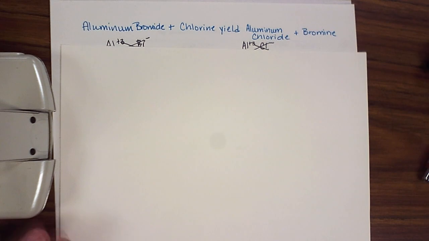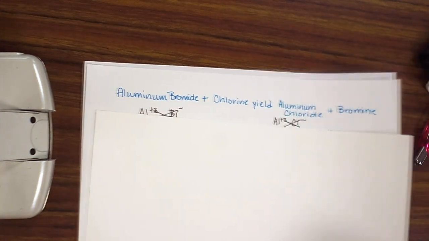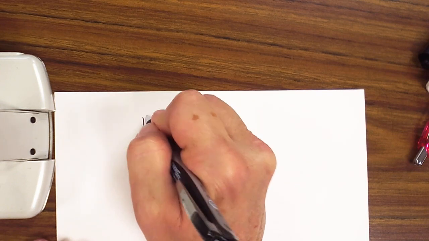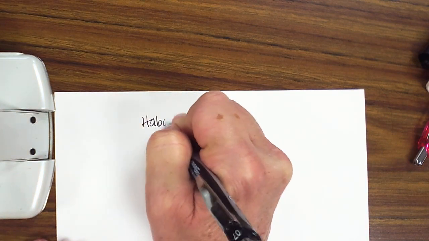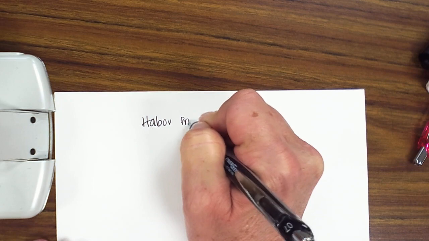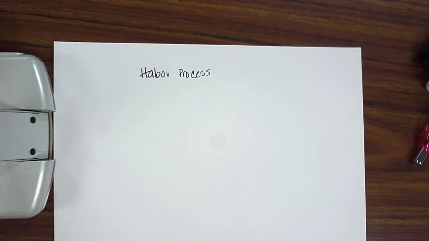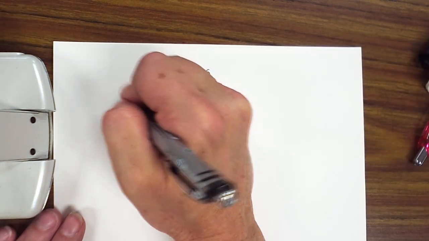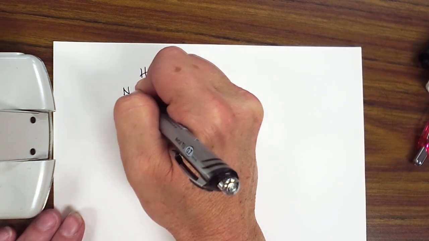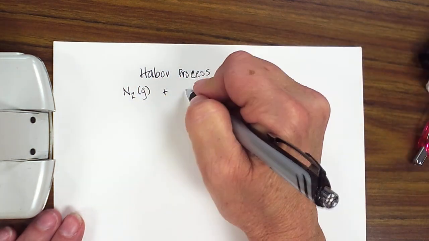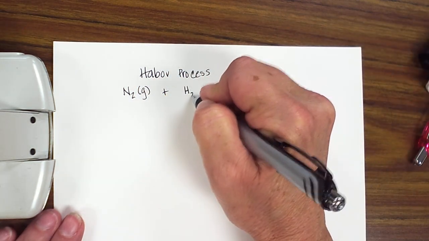All right, so for the next part, we're going to do some work with mole equations, and we're going to use something called the Haber process for this. And the Haber process is a nice equation that chemistry teachers can use because, so N2, it has gases for all of the reactants and products.